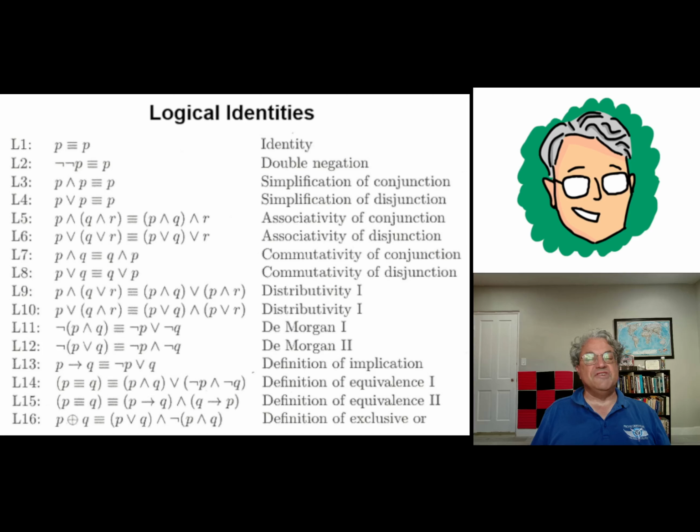And it turns out these aren't the only tools we're going to use. There are also tools known as rules of inference. Those behave a little bit differently than logical identities. I'll go over those next time. So anyway, logical identities and rules of inference are kind of the tools we use to make logical arguments.